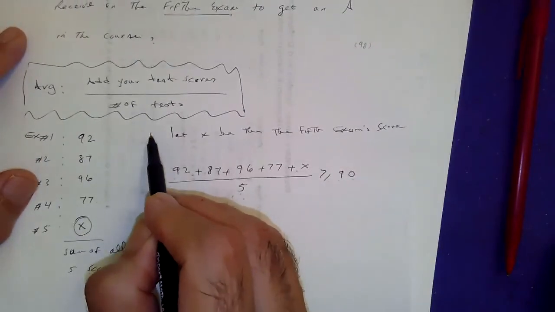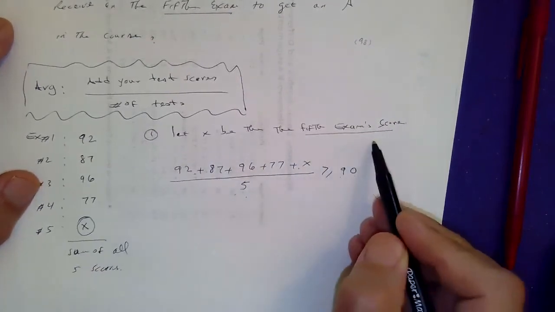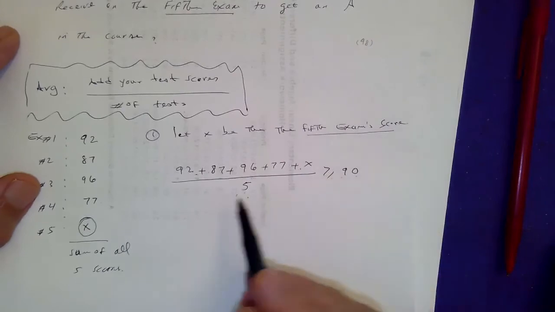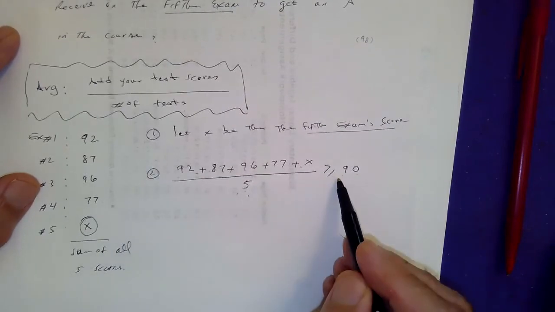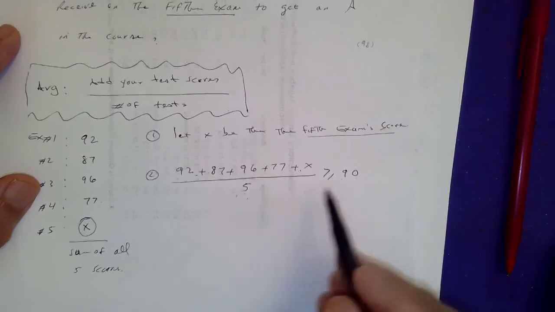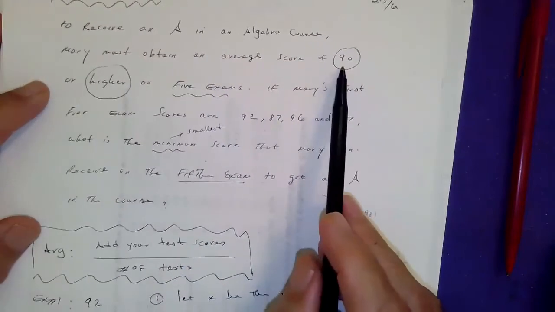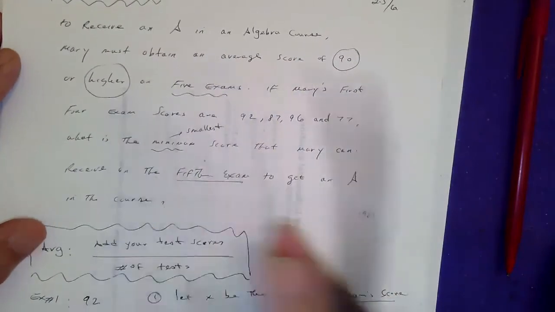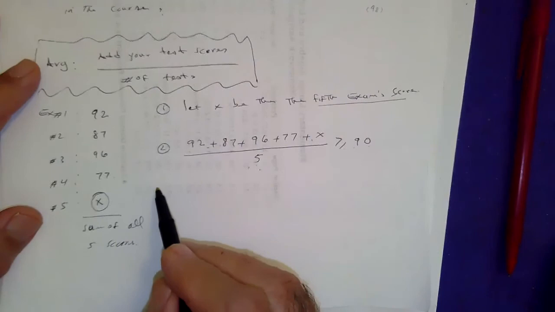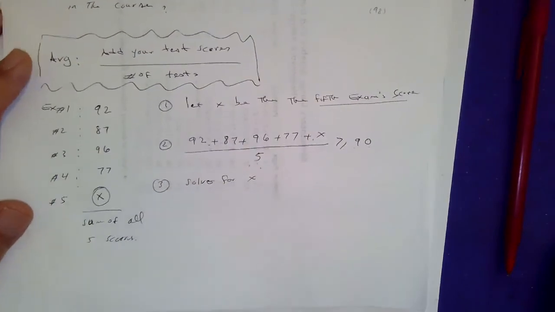So we say let x be the score on the 5th exam. Then we set up this inequality. The left side is the average of the 5 exams, and the right side, according to the statement of the problem, has to be greater than or equal to 90. The third step is to solve for x.